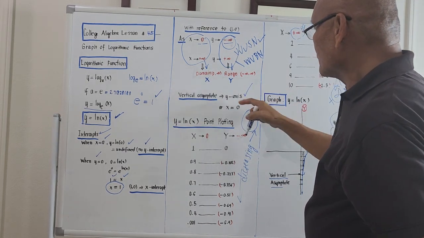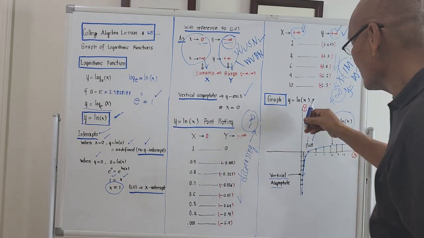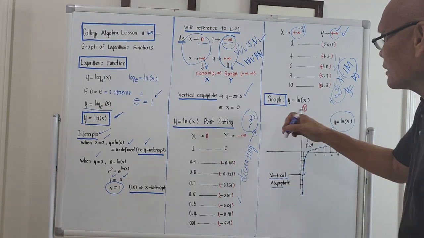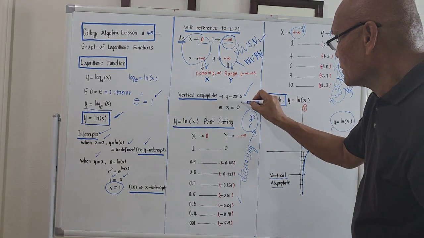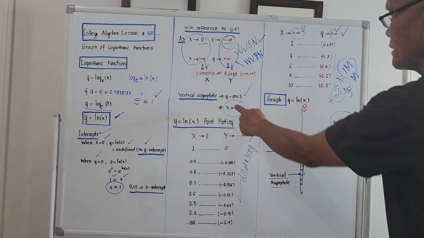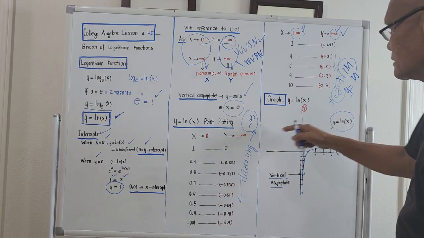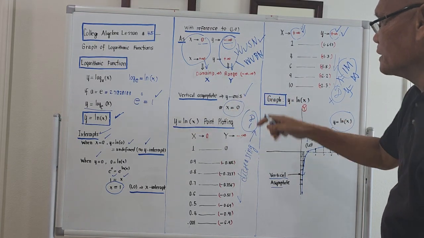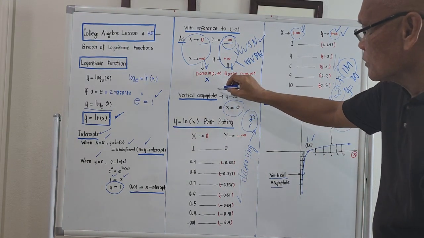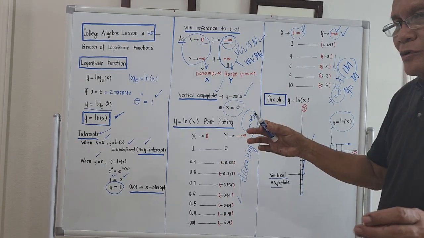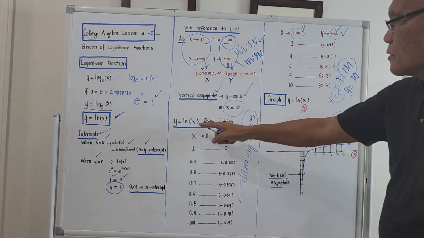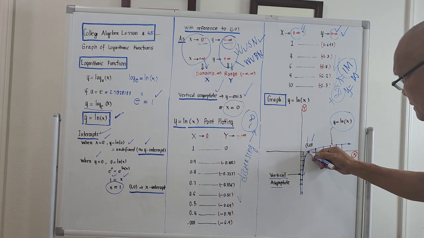The vertical asymptote is actually the y-axis. It is this, right? And the equation is actually x equal to 0. If the straight line lies on the y-axis, the equation is actually x equal to 0. And that is considered to be a so-called vertical asymptote. So the graph for y equal to natural logarithm of x, it will be this.